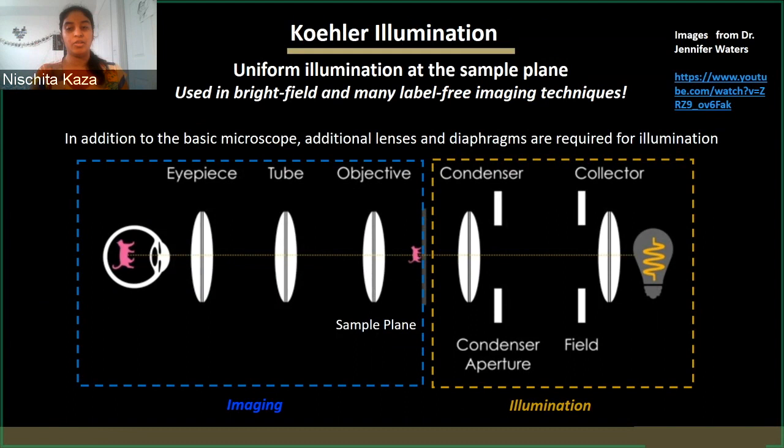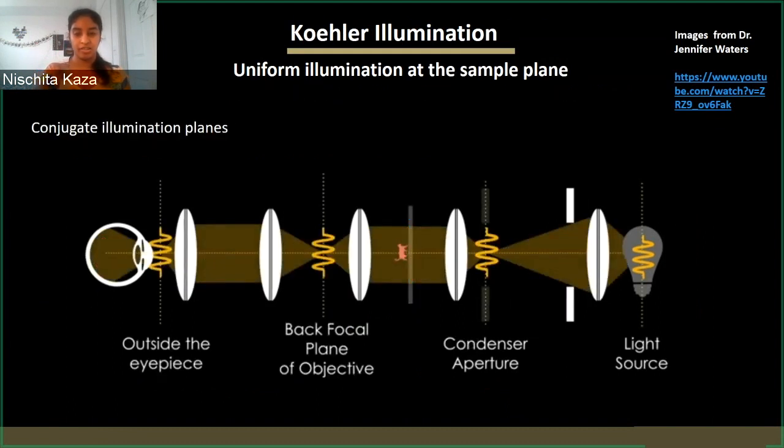So let's now look at the illumination conjugate planes to get a better sense of what's happening. So the way things are set up, if this were a well-aligned system, the light source and the field lens essentially are positioned such that an image of the light source is formed at the front focal plane of the condenser, where the condenser aperture is also located. So just based on the basic rules for image formation that we learned, if an object is placed at the focal point of a lens, then this generates a collimated beam.